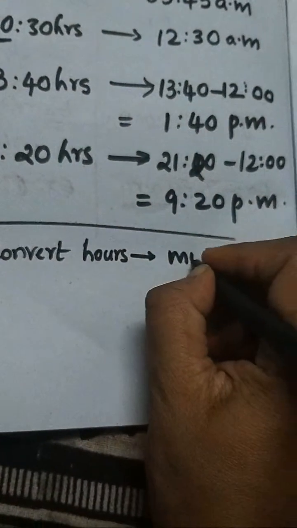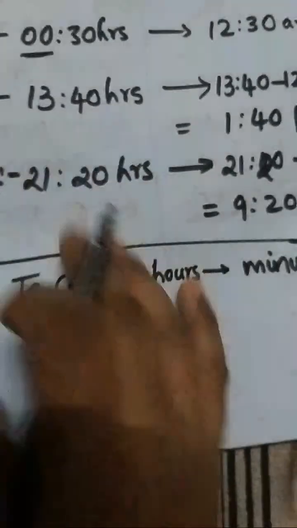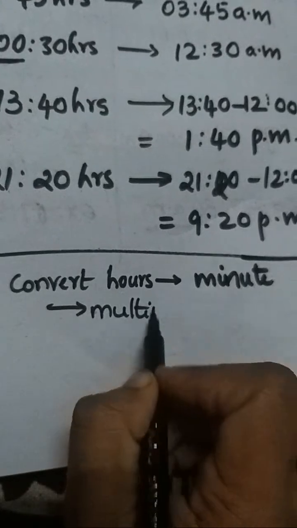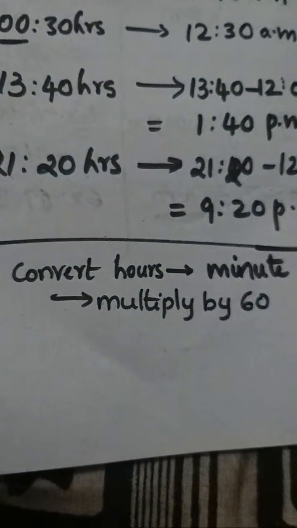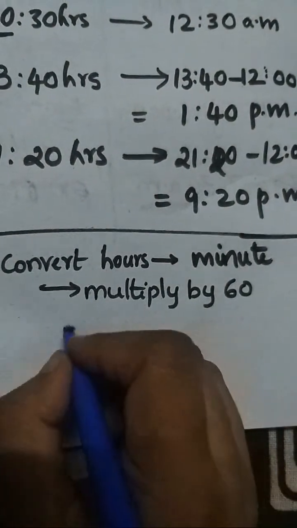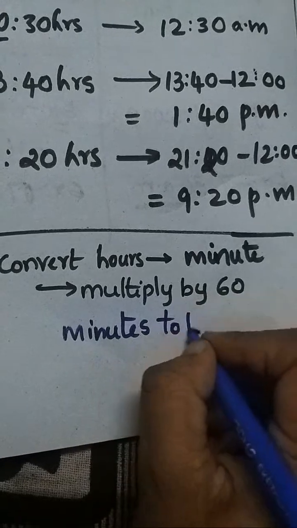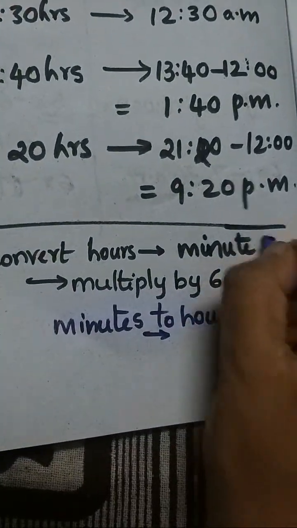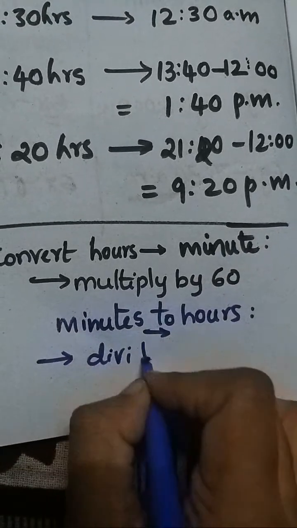Hours to minutes, we have to simply multiply by 60. Next, for minutes to hours, what we have to do? Divide by 60.